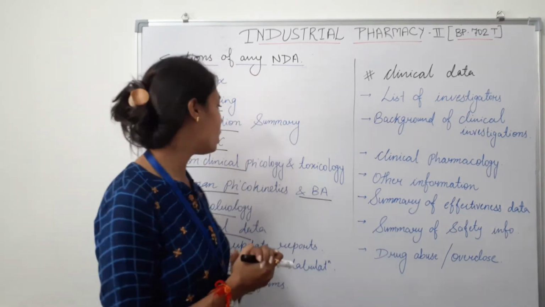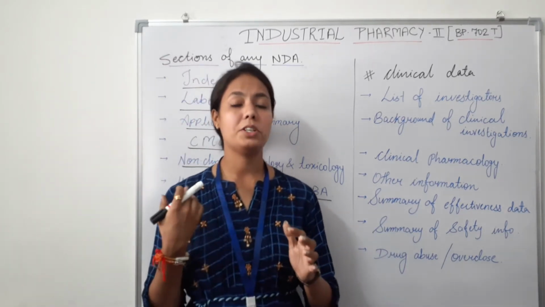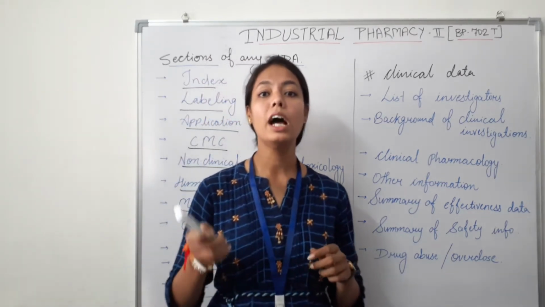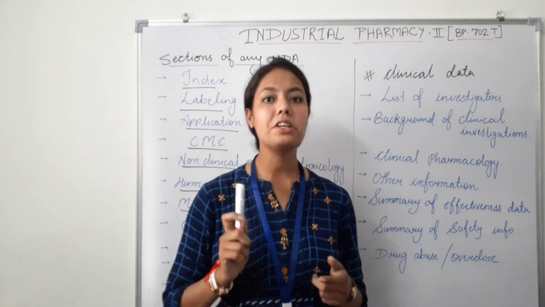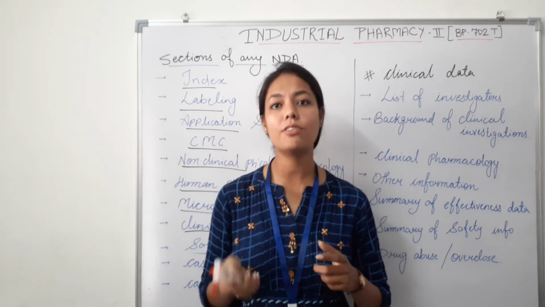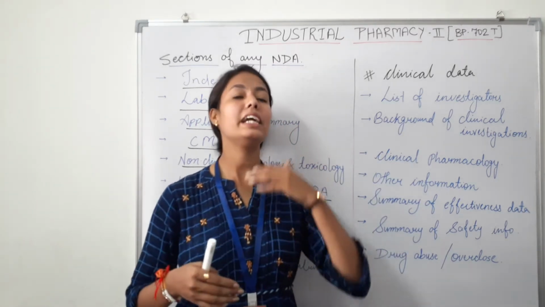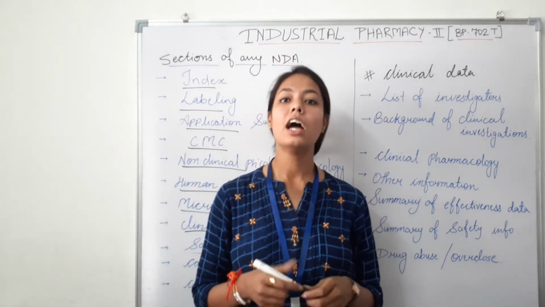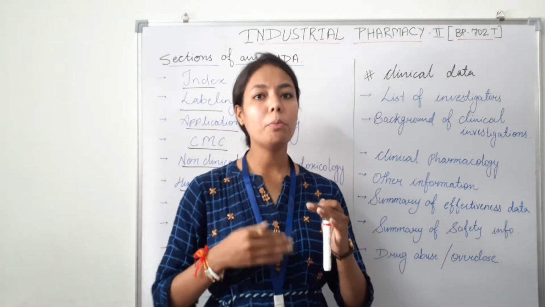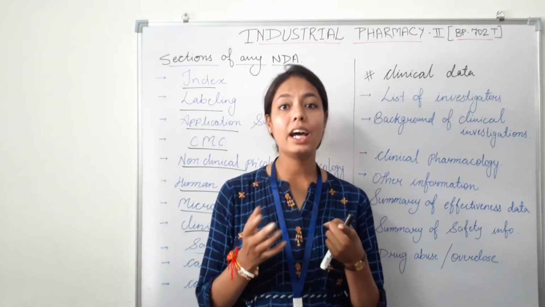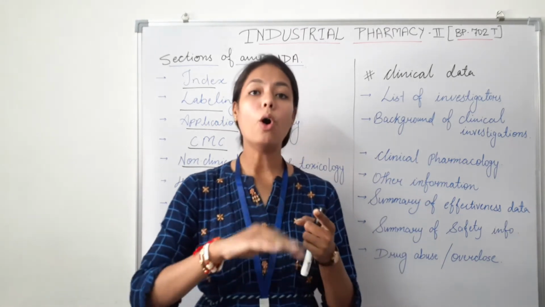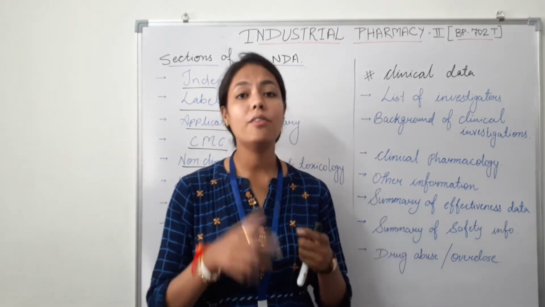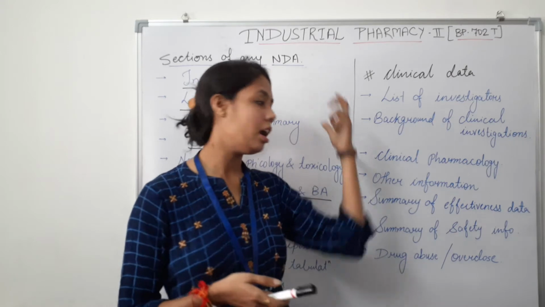After clinical pharmacology, let's talk about the other information. What are the various kinds of information we will include? In this section we include the description and analysis of any additional information that the applicant has obtained from other sources, maybe from literature. The information to be incorporated includes the list of countries where the drug has been previously approved or rejected, and copies of the approved labeling, covering the major regions across the globe.